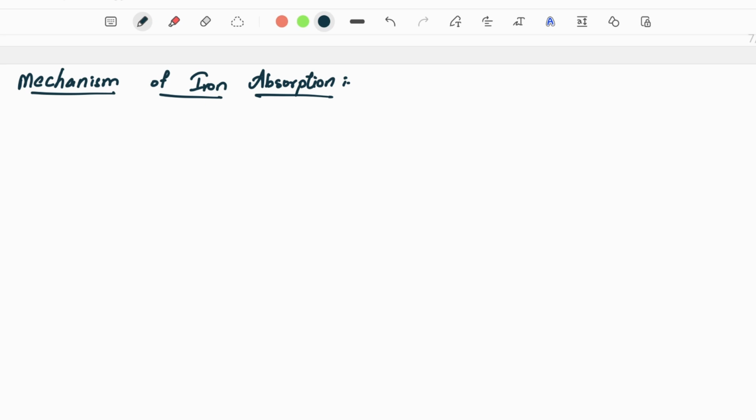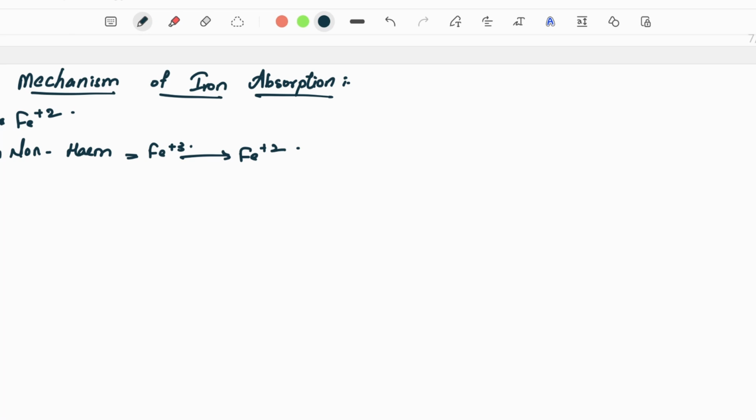We know iron is absorbed in ferrous form. Fe2+ is the form in which iron is absorbed, and in non-heme, iron may be in Fe3+ form, and it should be converted into the Fe2+ form.